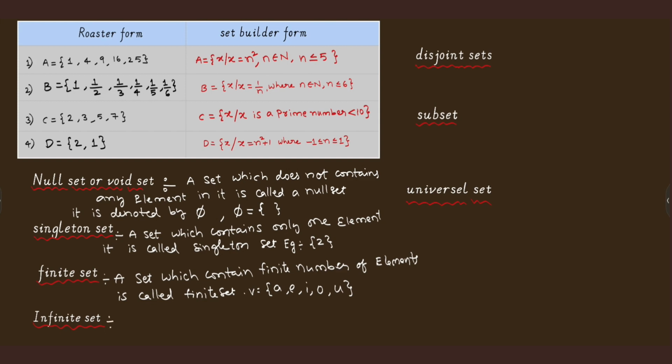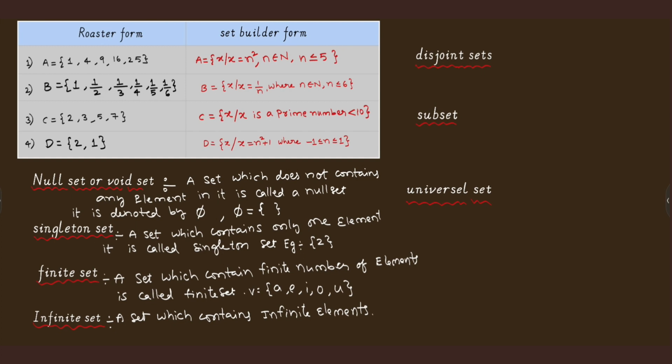Infinite set, very simple. If a set contains an infinite number of elements, then it will be called an infinite set. If it contains finite elements, it is a finite set. If it contains infinite elements, it is called an infinite set.